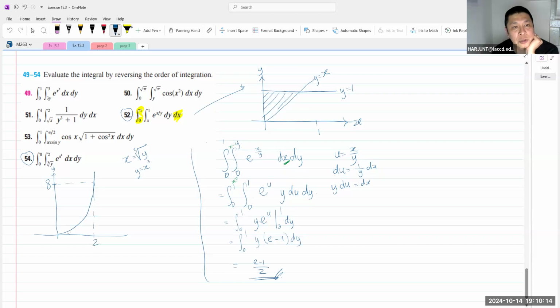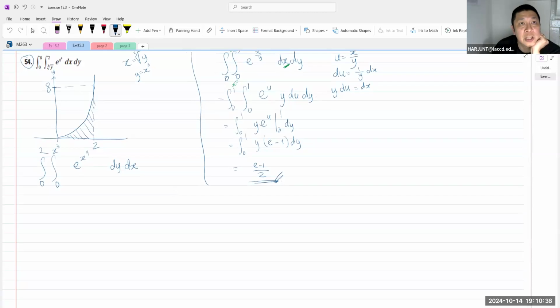So it refers to this one here. If we reverse the order of integration, then the outer integral dx will be from 0 to 2. The inner integral dy will be from 0 to x cubed of e to the x to the 4th. Oh, I think this one is on the easier side because the integrand has no y. When we integrate with respect to y, that will be just the length of that interval.